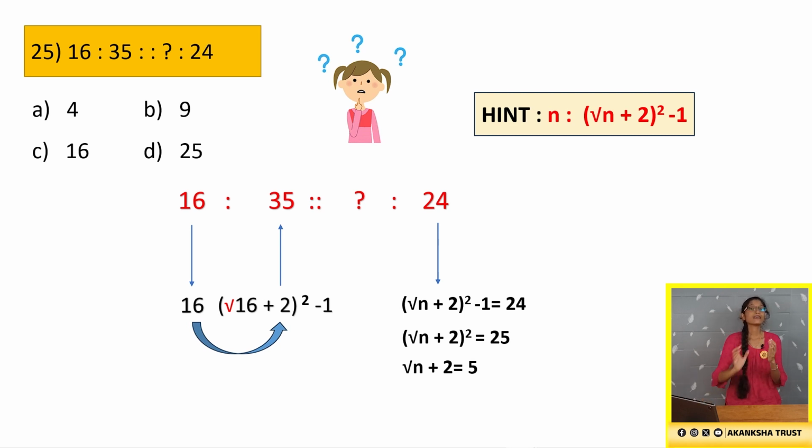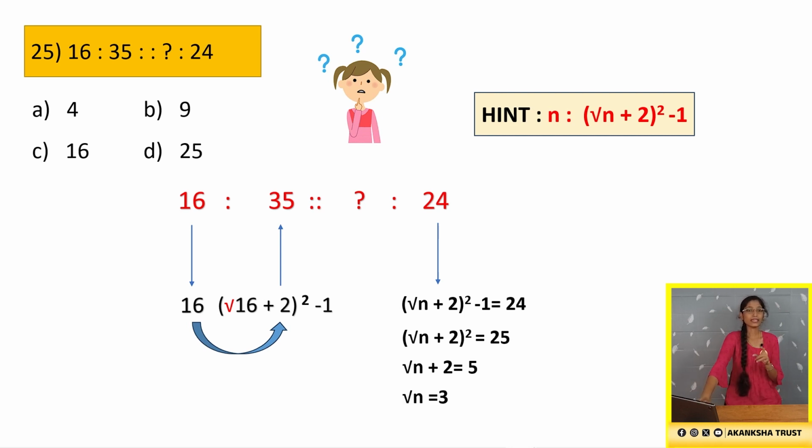Again, retaining n on the left side of the equal sign, taking plus 2 to the right side, plus 2 converts to minus 2. So 5 minus 2 gives 3 as the answer.